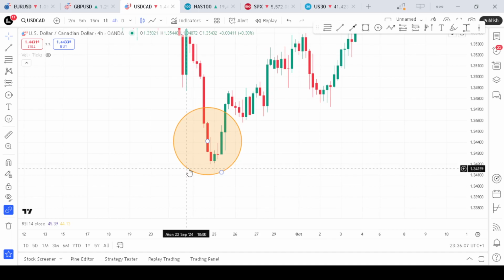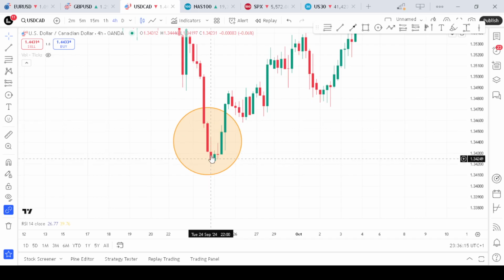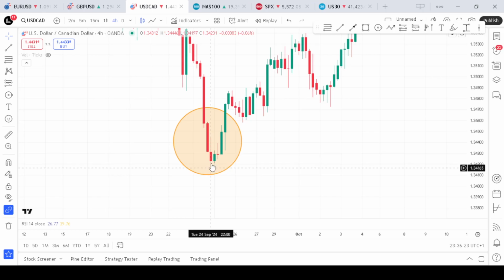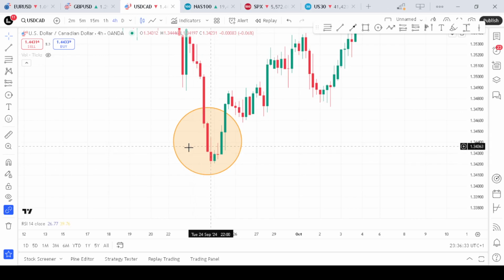The second candle close must be higher than the first candle close. The second candle must be shorter than the first candle. As you can see, the second candle is short in comparison to the first candle from this diagram over here.